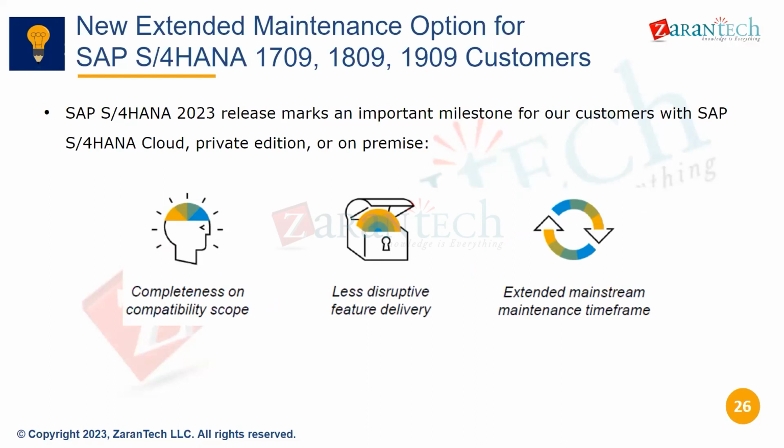It provides an added advantage to customers who implemented old versions starting from 1709, 1809, and 1909. They can upgrade their system to 2023, the latest version, free of cost. But customers with older versions like 1609 or 1511 have to pay separate license fees if they want to upgrade to the 2023 version.